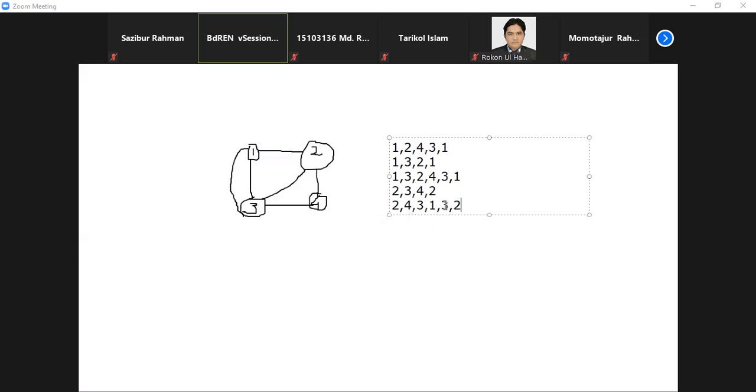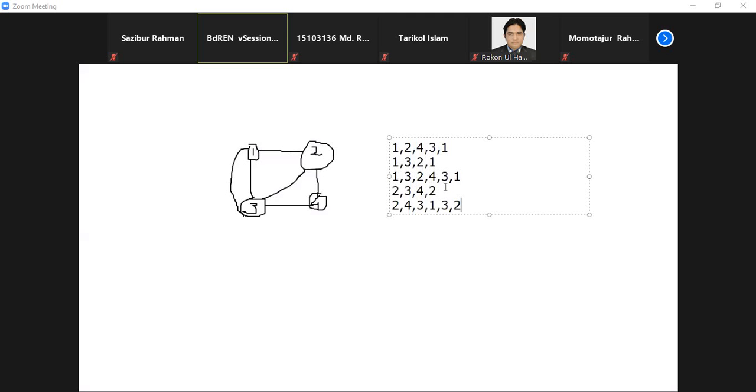In others, only the first and last node is repeated. Like in this one, the path contains the starting and ending nodes same, but all the other nodes are different. In 1, 3, 2, 1, the starting and ending node is same, but all the other nodes are different. In this one, 3 is repeated. Now, these two cycles are different.